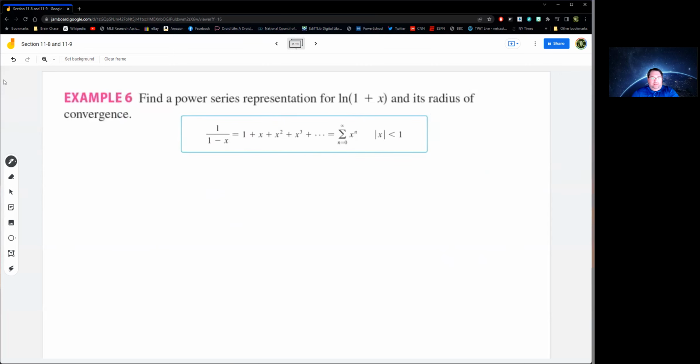Still using that. So if I have ln of 1 plus x, I happen to know that this equals the integral of 1 over 1 minus x.